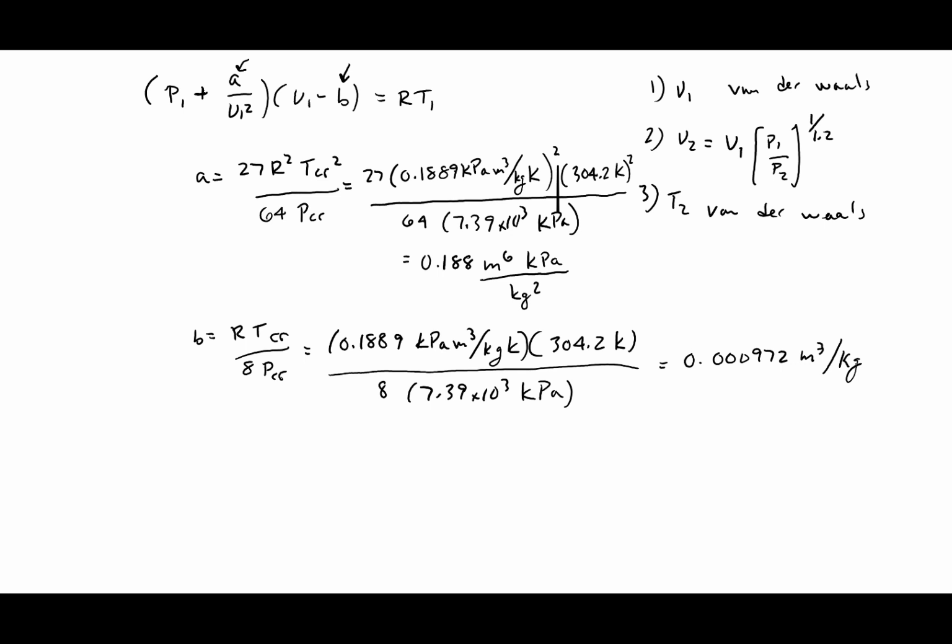So now what we're going to do is put A and B into this equation, and we know what the pressure is, we know what the temperature is, and we know the gas constant. So we just need to solve this equation for V1. So let's just write this out.